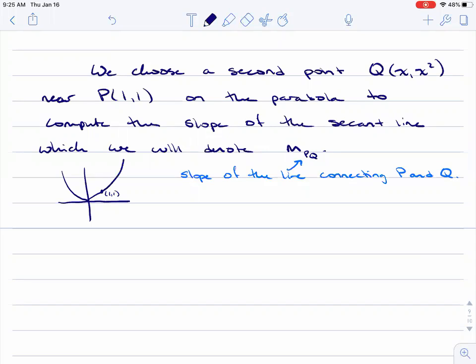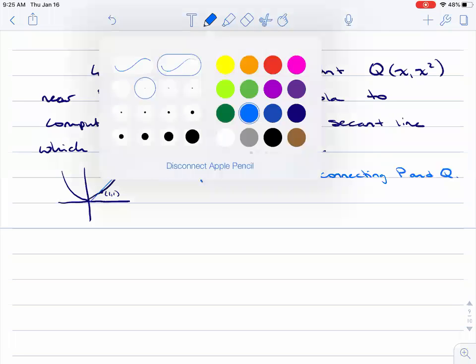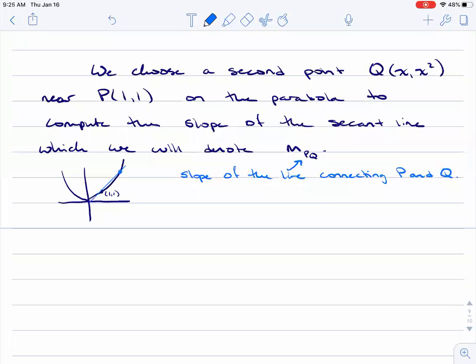Here I would let Q be x squared. And then what we're going to do is move Q closer and closer to P, as close as we can. My default is to start above and work my way down, but we could just as easily work our way from 0 and get closer and closer to 1. Either way works.